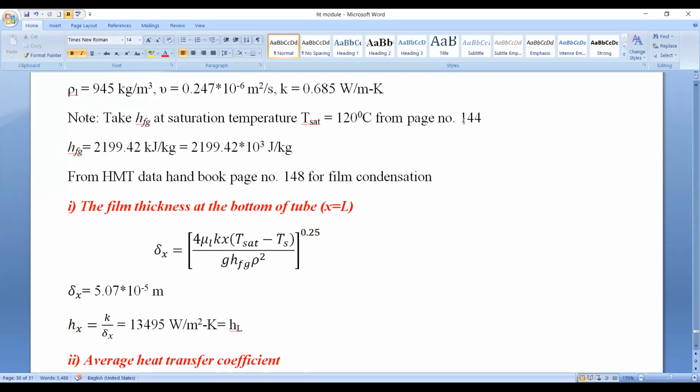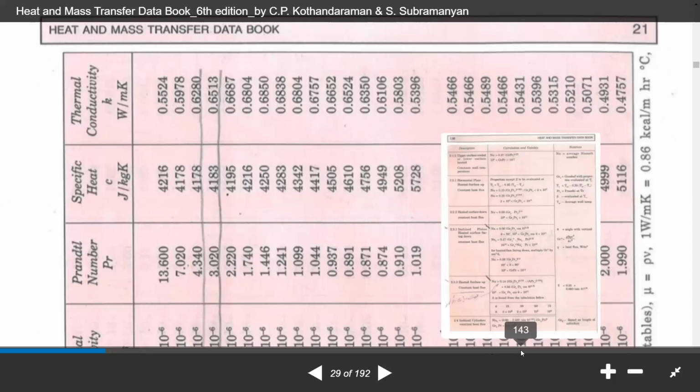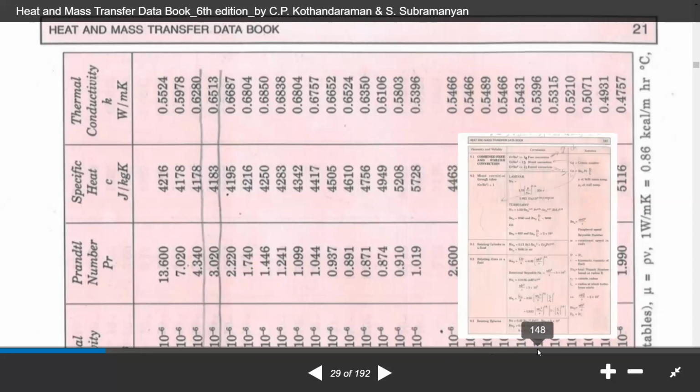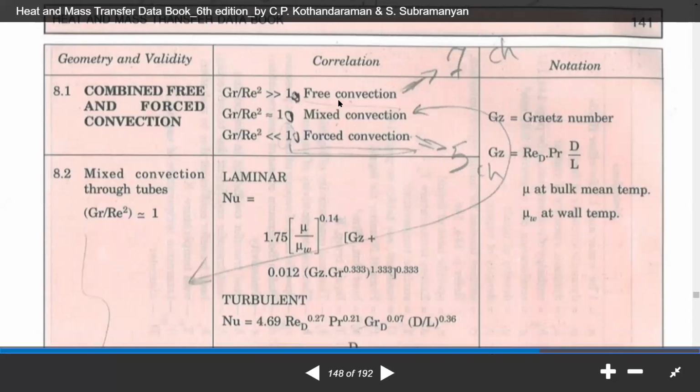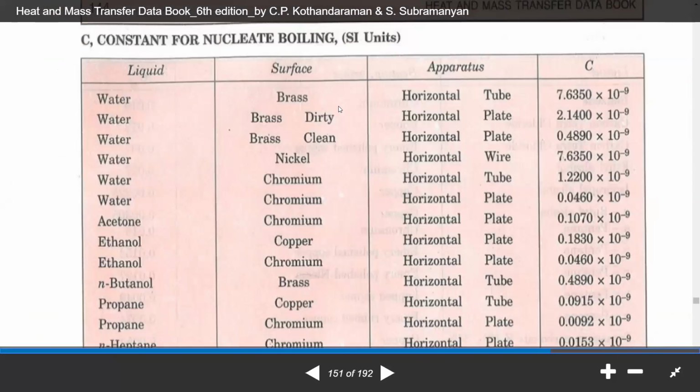For this, we have to refer to page number 144 of your data handbook.